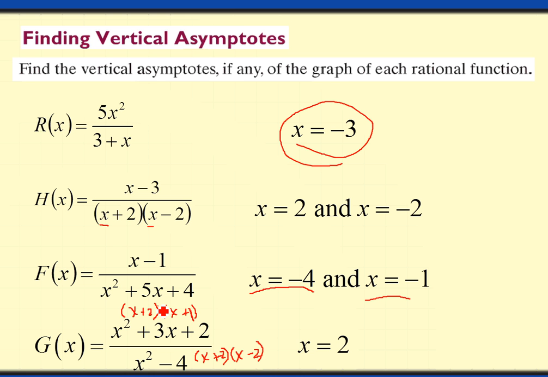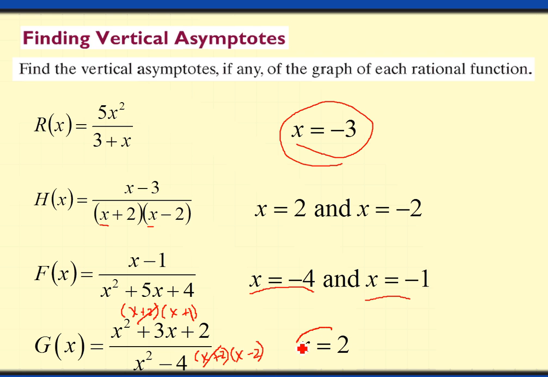Well, the x plus 2's, when we reduce, we'll still have to remember that x can't be negative 2, but when we have this reduced, the denominator is x minus 2. And so what causes that denominator to be 0 is an x value of 2.